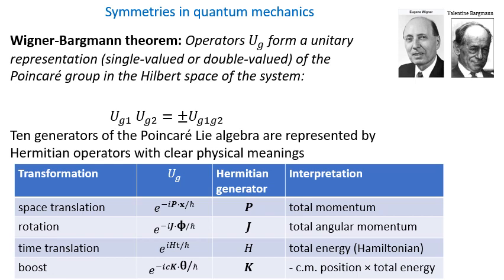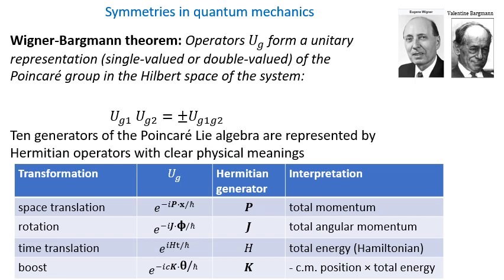Let's now return back to representations of the Poincaré group. In this case, 10 generators of the Poincaré-Lie algebra are represented by Hermitian operators, which are identified with physical observables of the total momentum, total angular momentum, and Hamiltonian.